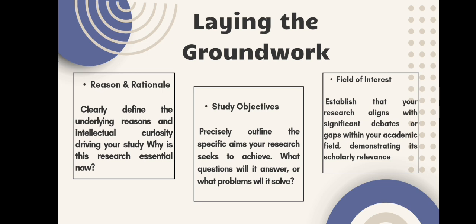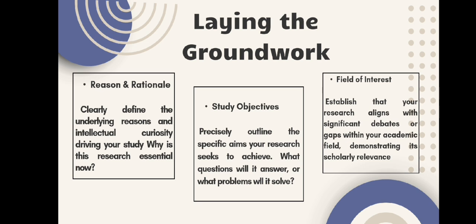For example, say my research is about plastic waste on Island Beach. I choose this topic because I want to understand how plastic is affecting the beach and the people living near it. So that is the reason and the rationale.